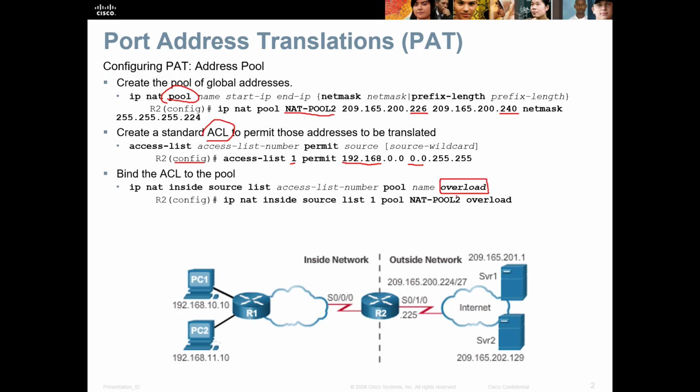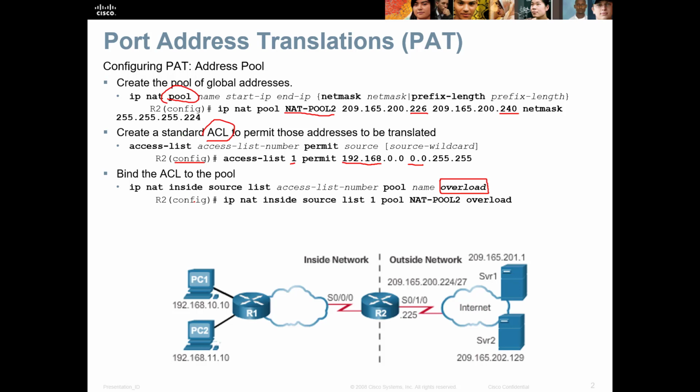This is a new word that's attached, and so far this is the only difference you're seeing between dynamic NAT and port address translation: the word overload gets attached to the binding at the back, okay, right before you're in the config mode. All of this will take place in the config mode.